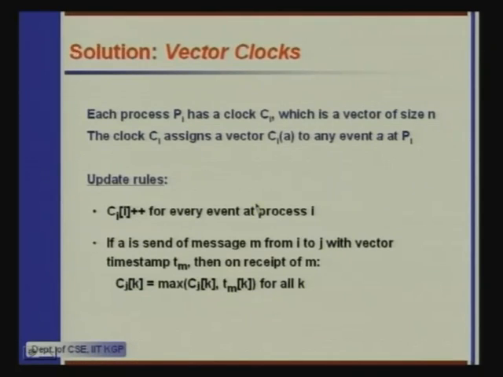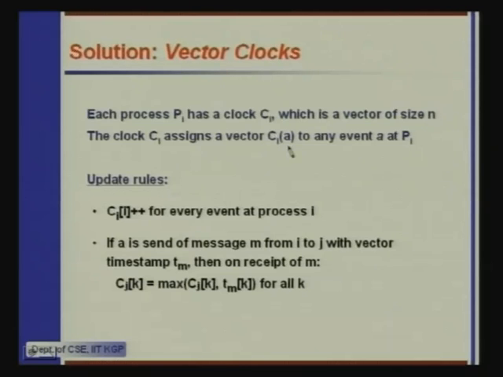What does a vector clock do? Each process Pi has a clock Ci, which is a vector of size n. The clock Ci assigns a vector Ci(A) to any event A at Pi. Now, instead of keeping a single clock variable like we did in Lamport's clock, we are maintaining a vector.